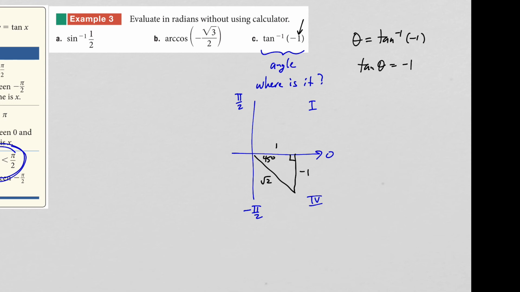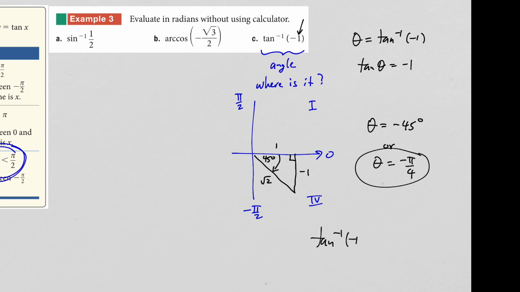So what is this angle here, theta? Well, it's going in a clockwise direction, so it would be negative 45 degrees, and negative 45 degrees is the same as negative pi over 4. So the inverse tangent of negative 1 is negative pi over 4.